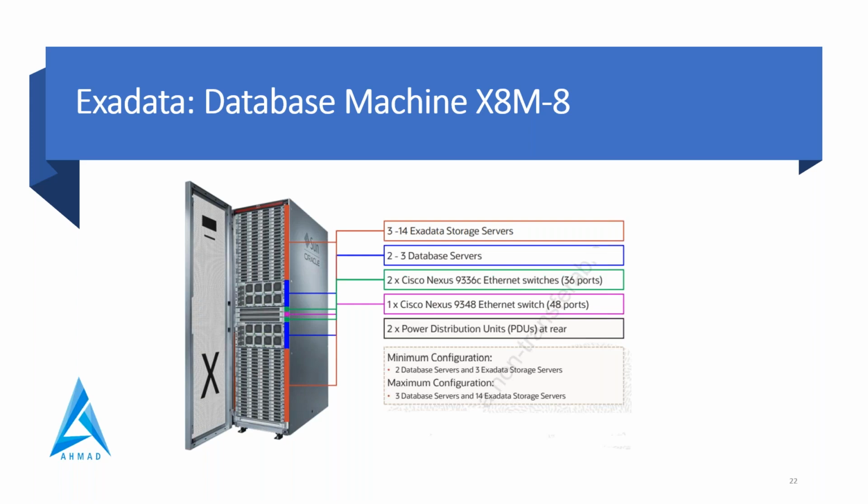In this, you need to be configured with a minimum of 2 database servers and 3 storage servers. From there, one additional 8-socket database server can be added along with an additional storage server. So in this slide, you can see the maximum configuration for the X8M8 rack based on the number of database servers in the rack.